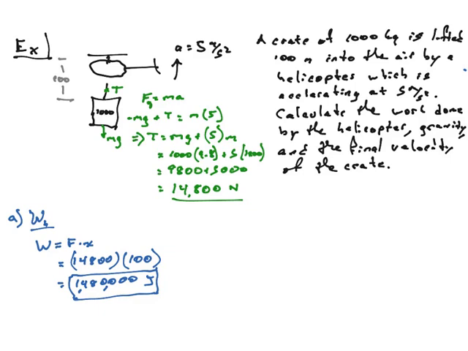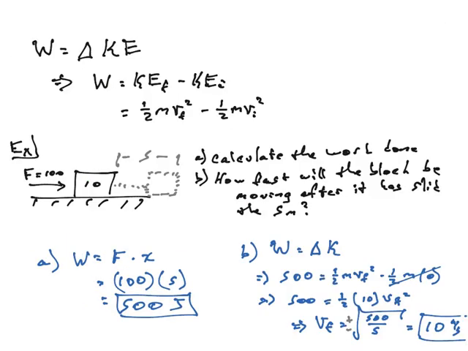Part B says, what's the work being done by gravity? Gravity is a force acting on the object, and it might be doing work. Maybe it's not. If we look at the previous example, there was still gravity, mg. But notice, for that system, the box is moving in the x direction, so all I cared about were x forces.